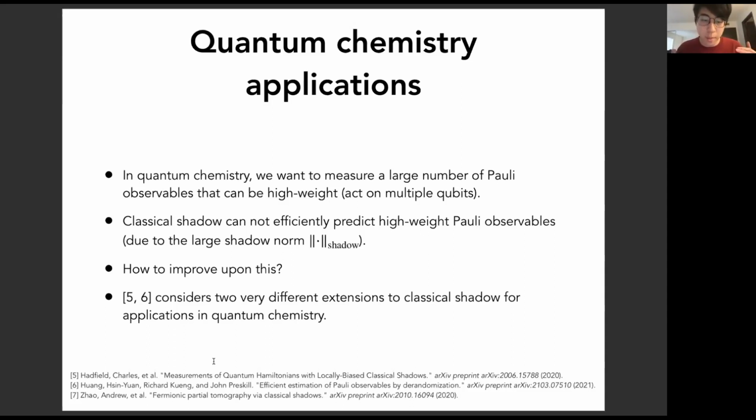So in these two papers, this one from Charles Hadfield from IBM, and our follow-up paper, efficient estimation of Pauli observables by derandomization, we consider two very different extensions to our original classical shadow, mainly focused on applications in quantum chemistry.